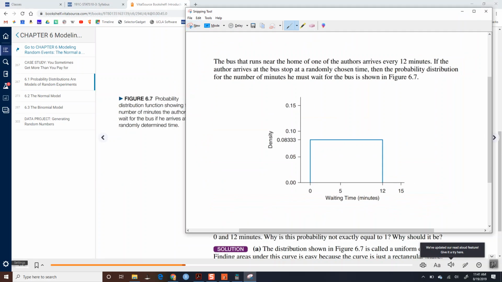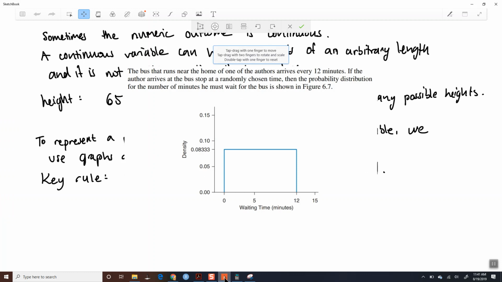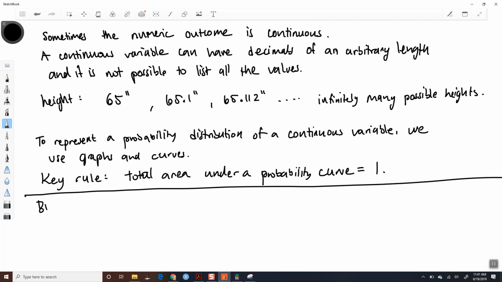All right. So it says the bus comes once every 12 minutes. And so, most people, when they are going to take the bus, try to time it. But let's just say you arrive at a random time. You have no idea what the schedule is.